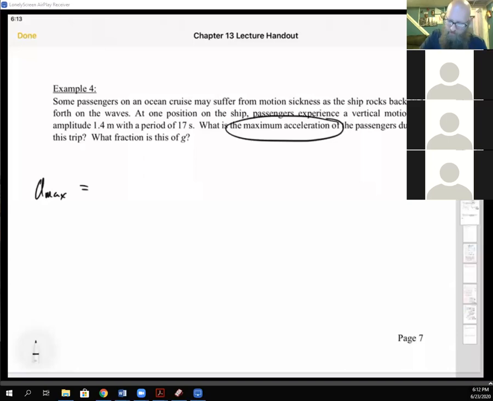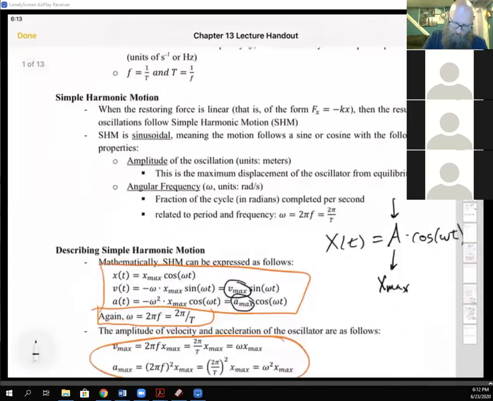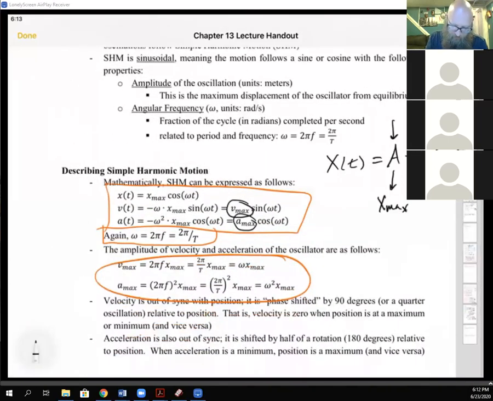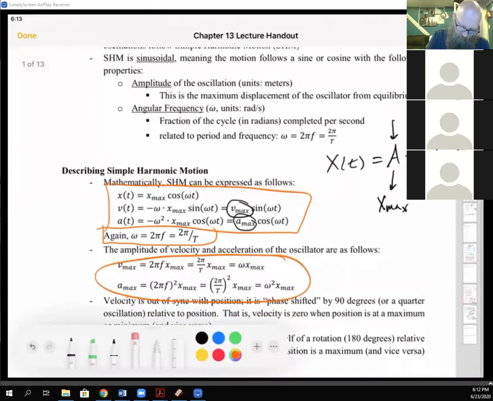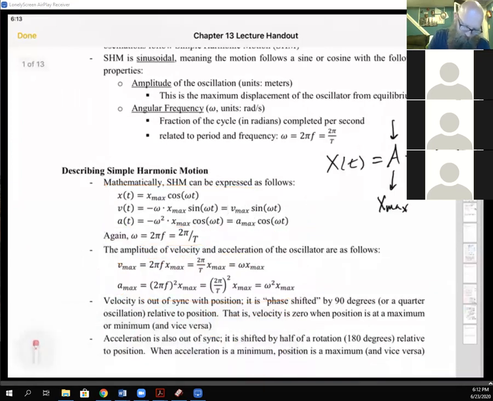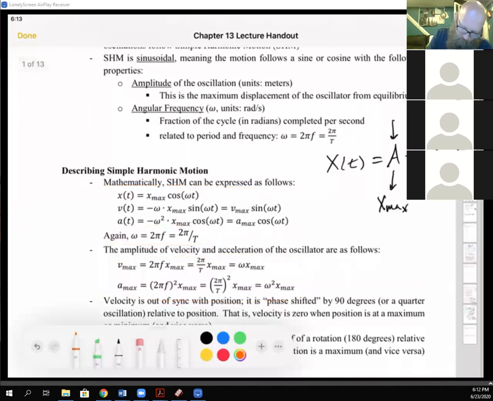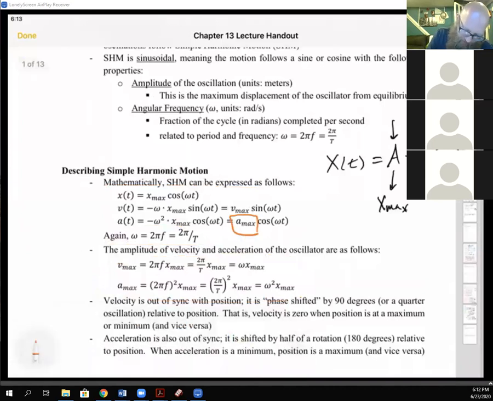Well, it's related to omega and x max, right? So A max is omega squared x max, and there's a minus sign, but really all I care about is the magnitude. That minus sign just tells me that a of t is upside down compared to x of t.